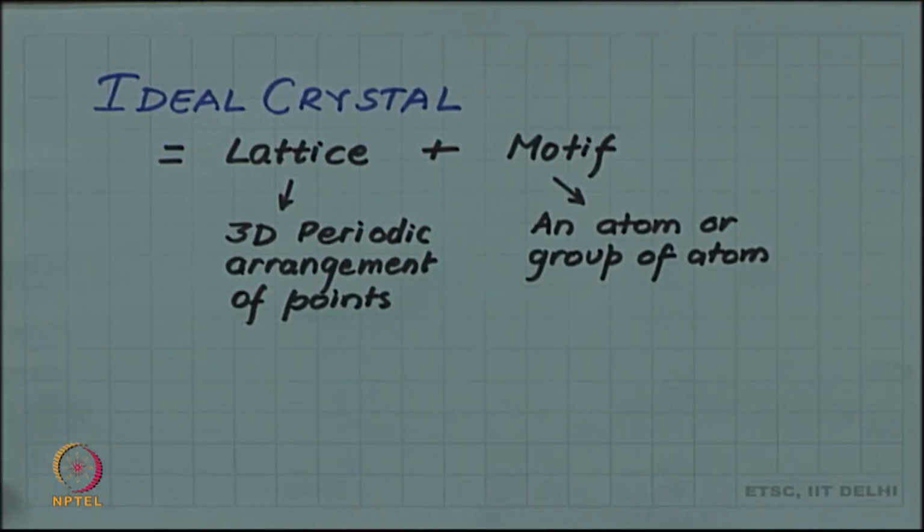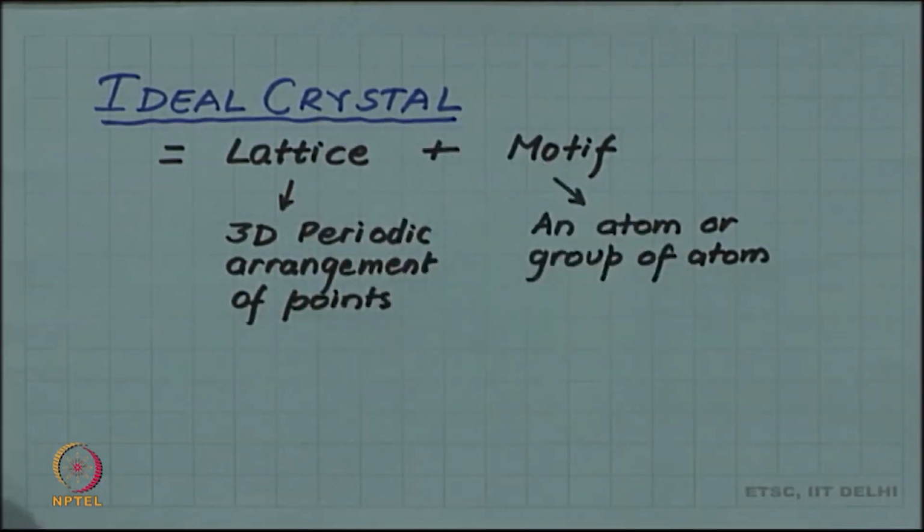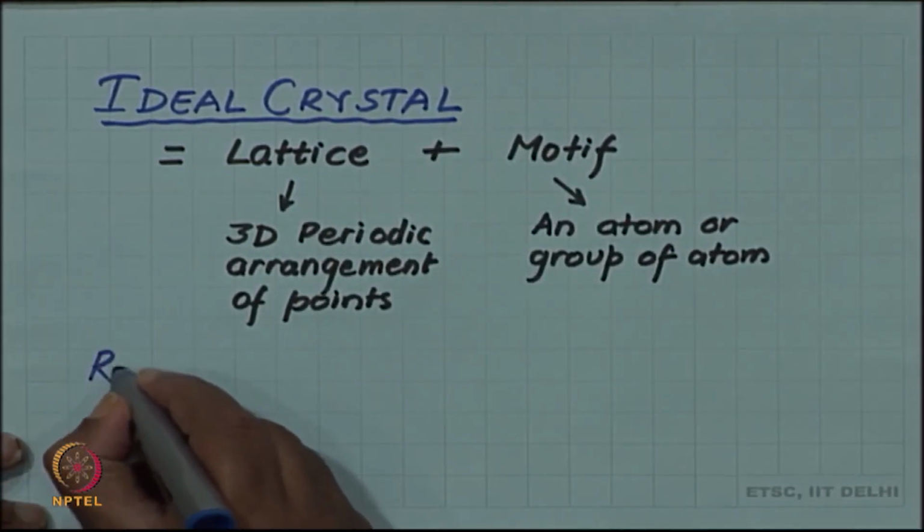All those examples till now were of ideal crystal. These crystals were not supposed to have any defects, but then real crystals will show deviations from ideality.